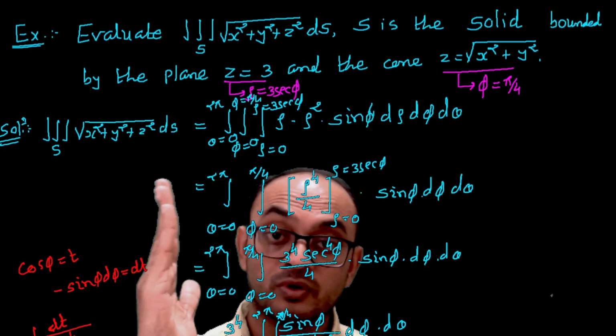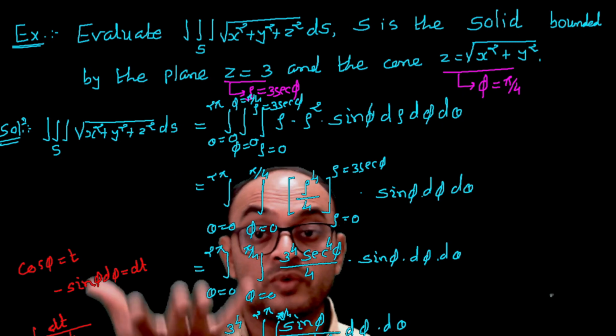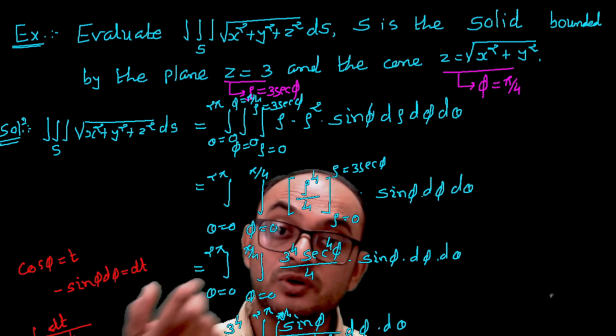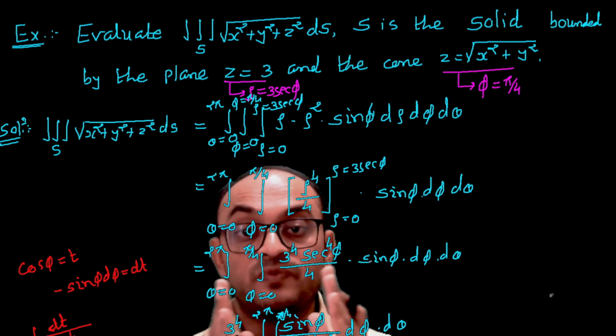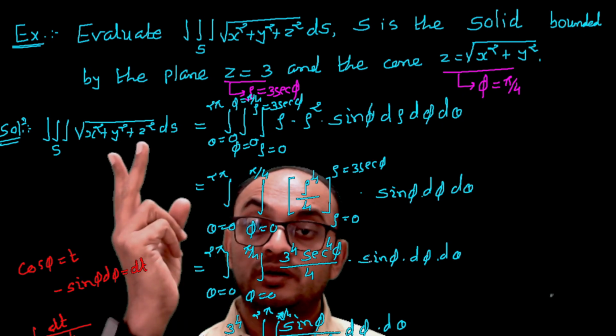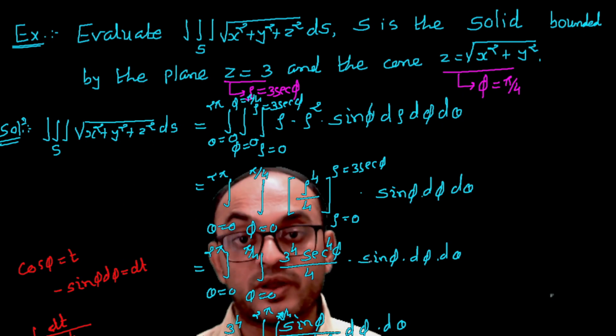That is also important. Phi is equal to 0 to pi by 4, and then when we take its projection on the xy plane, we observe that it is a whole circle, and so theta is equal to 0 to 2 pi. In spherical coordinates, in this way we can convert difficult integrals into simple format.